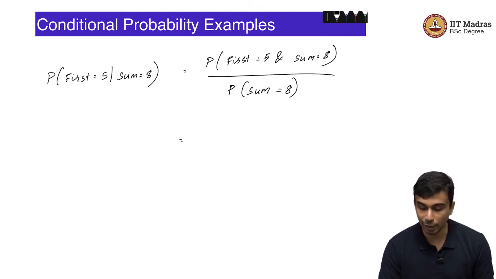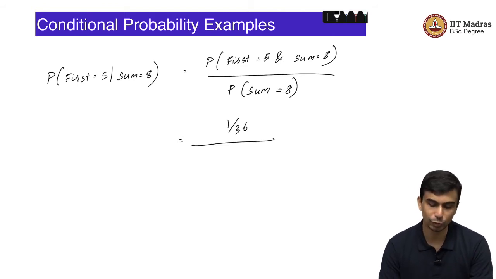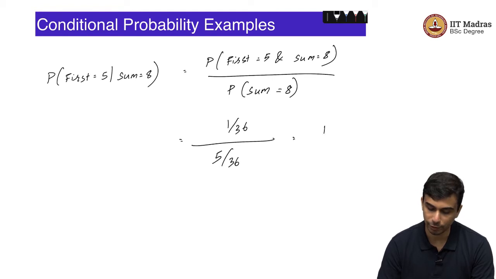First equal to 5 and sum equal to 8 means that first equals 5 and second equals 3, which is only one outcome. So it's 1 by 36, and the denominator is probability of sum equal to 8. The outcomes where the sum is equal to 8 are simply (2,6), (3,5), (4,4), (5,3) and (6,2). So that's 5 by 36, and the answer is 1 by 5.